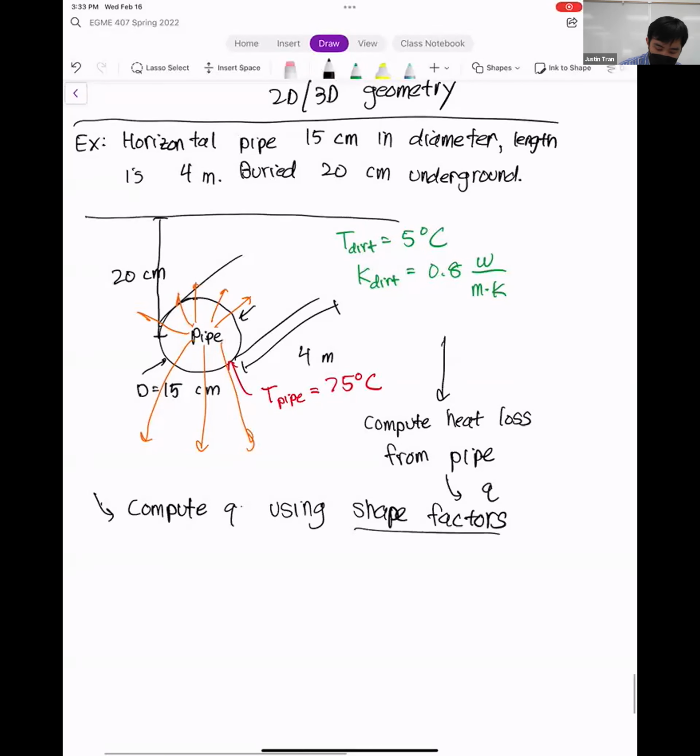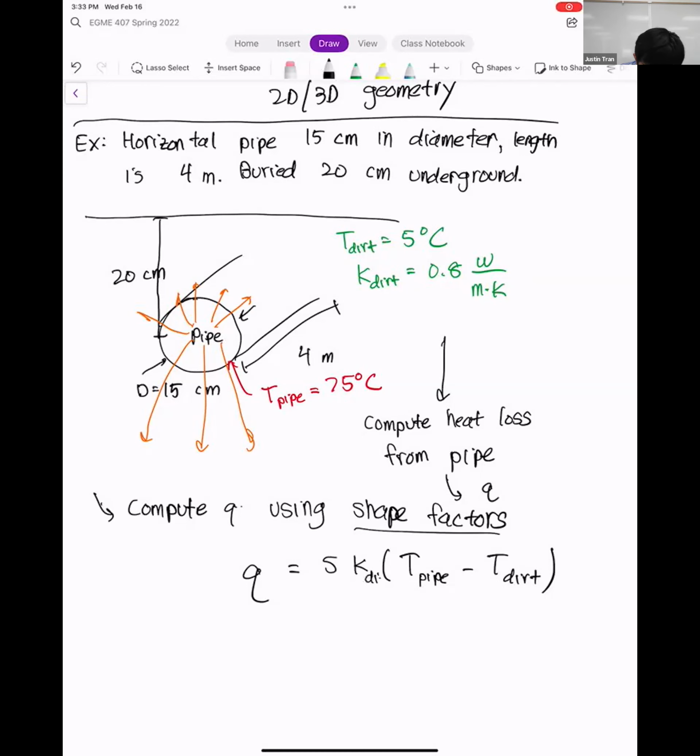From before, we know that Q is equal to S times k times the difference in temperature, and the difference in temperature in this case is T pipe minus T dirt. Since this is heat transfer to the dirt, the thermal conductivity we're going to use is that of the dirt.